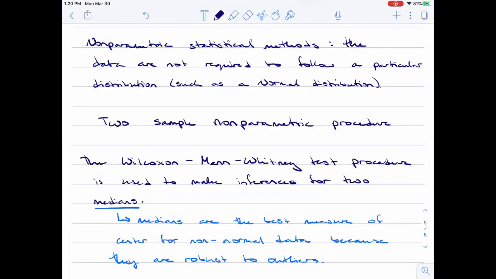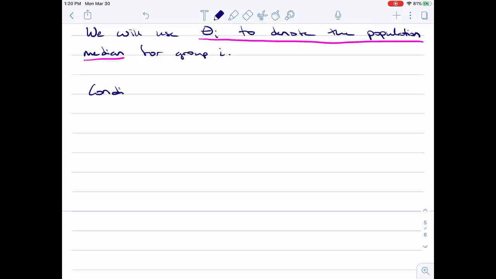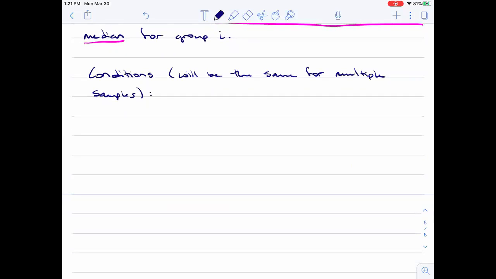The conditions will be the same for multiple samples.